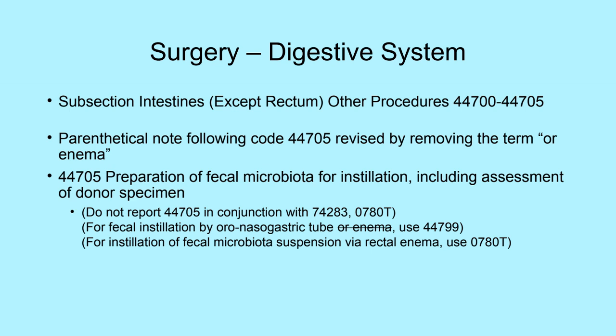There are 3 parentheticals under that. The first one's not changed. The second one has "or enema" crossed out. And the third one is for instillation of fecal microbiota suspension via rectal enema. So it took enema out of the second one because it's already in the third one, and that refers you to 0780T.